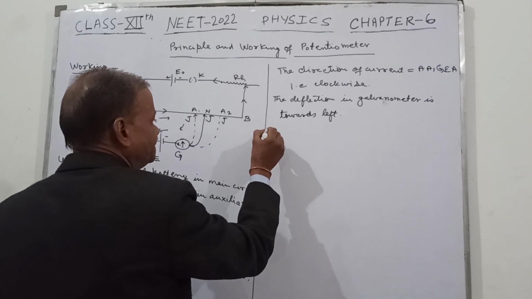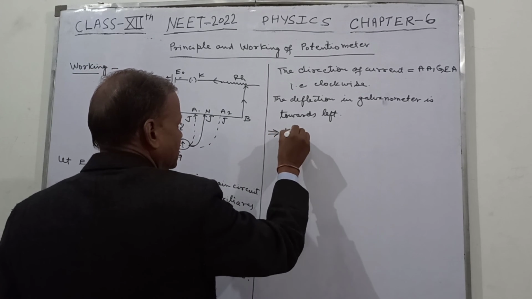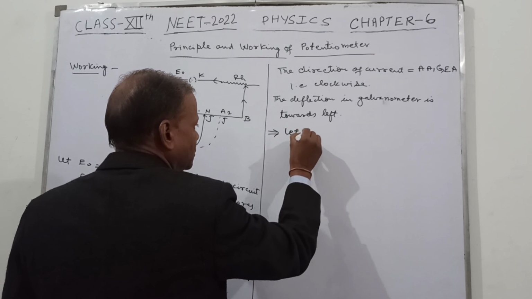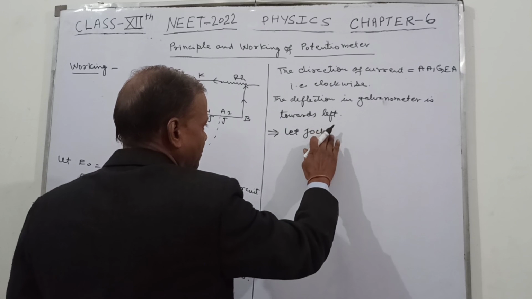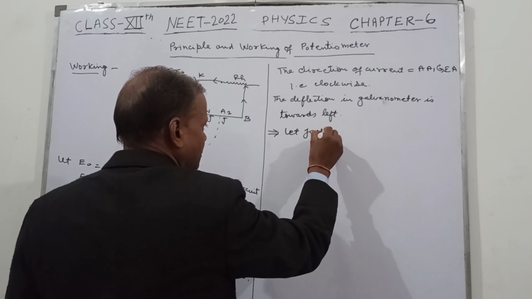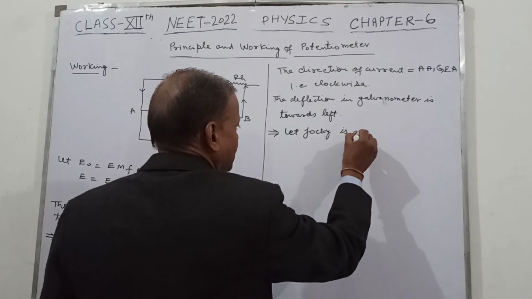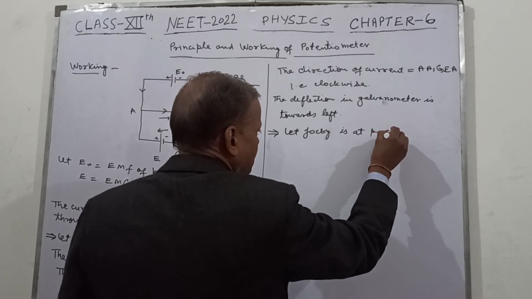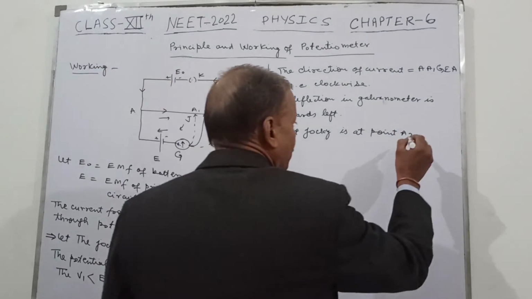And now again, let the jockey be at point A2 of wire AB.